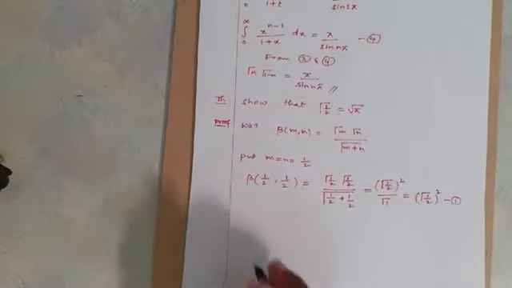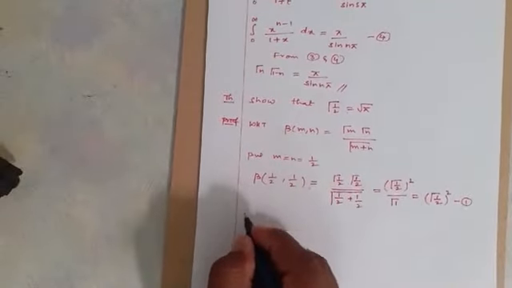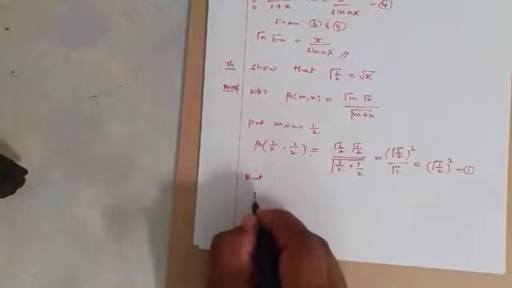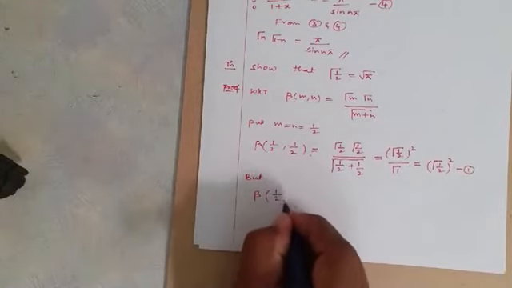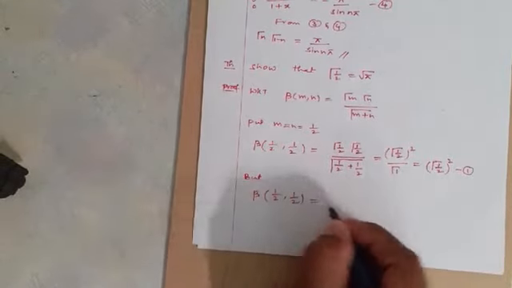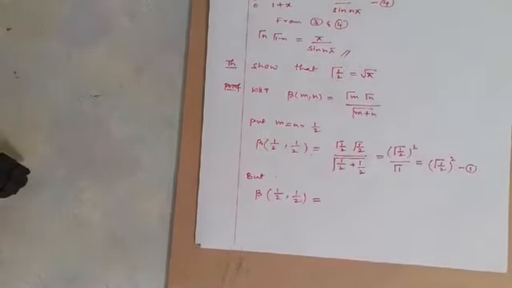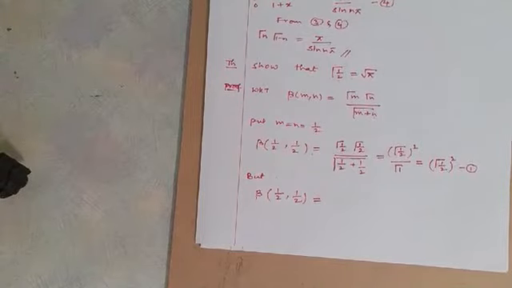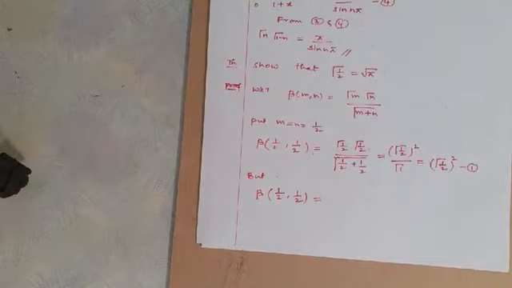Now, beta 1 by 2 comma 1 by 2, from the basic definition of beta, is integral 0 to 1 x power m minus 1 into 1 minus x power n minus 1 dx.